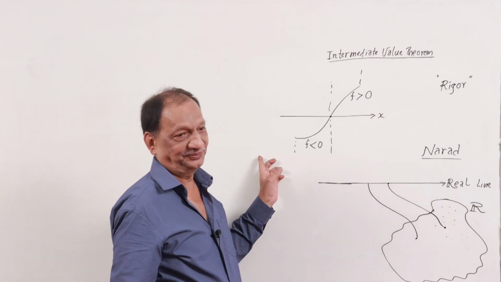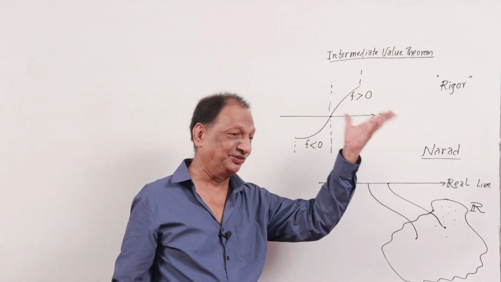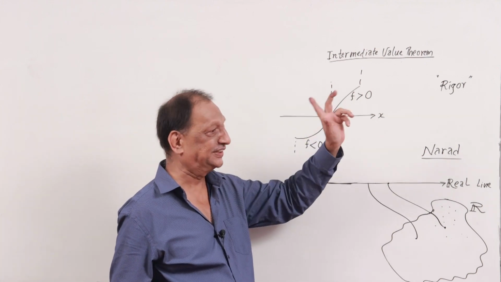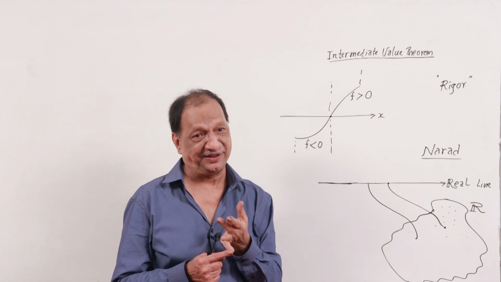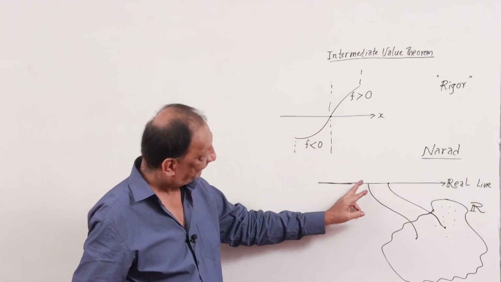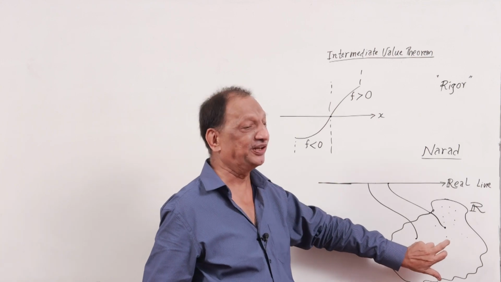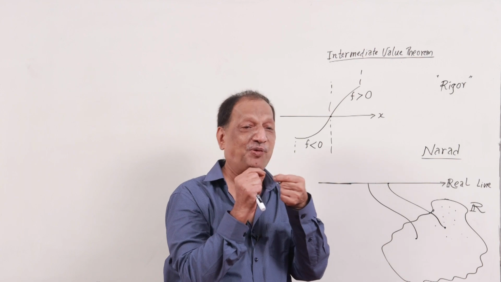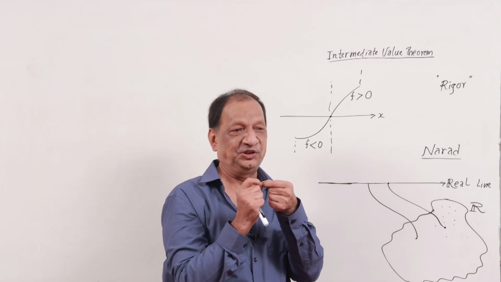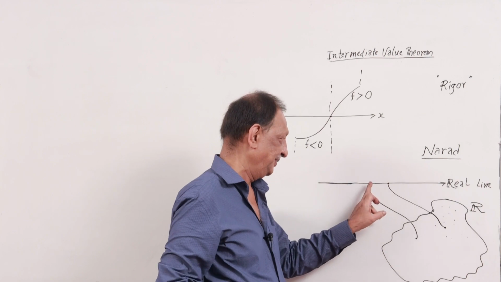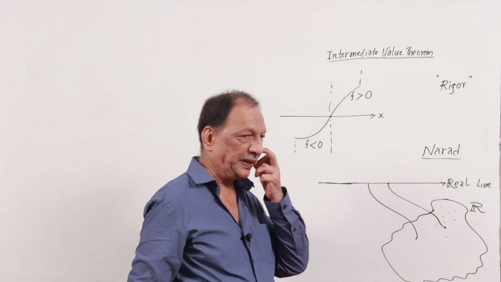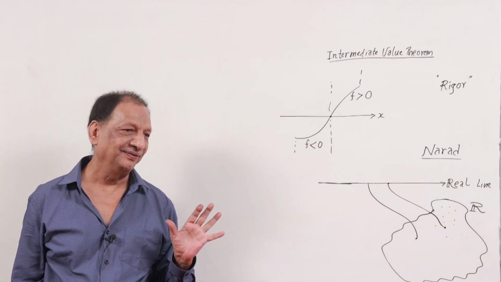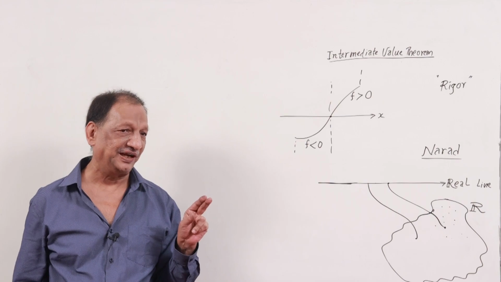So you either assume the intermediate value theorem, which means if f is less than 0 and eventually becomes greater than 0, it must pass through 0, is the assumption you make. Or you say every point on the real line will always map onto a distinct point on real set. Obviously, it has to pass through because there are no gaps between points on the real line. Correct? So, we are going to make this assumption of the real line mapping to real system, and we come to the next theorem of the modern rigorous arithmetic after this. Okay?